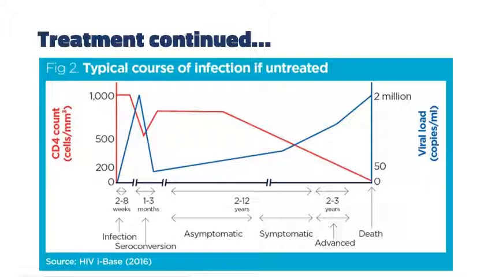So beginning with the infection, 2 to 8 weeks, we see that the viral load of the HIV virus grows over time, and then the CD4 count begins to drop 1 to 3 months into the infection in the seroconversion stage, and so does the viral load halfway through because of the antibodies that begin fighting the infection, which again don't stop it, but they slow down the replication of it, so that's why we see a drop.